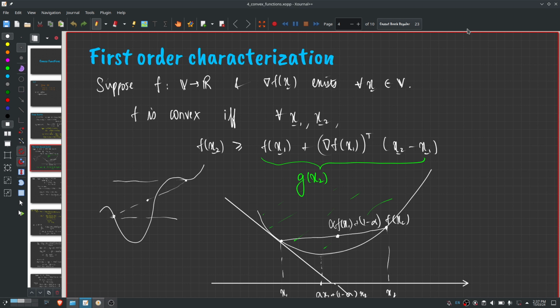But on the other hand, we also had this first order characterization, which was if f is differentiable at all points in its domain, then the function is convex if and only if the tangent at any point on the curve always lies below the curve. Okay, so these are two equivalent geometric characterizations of convex functions.